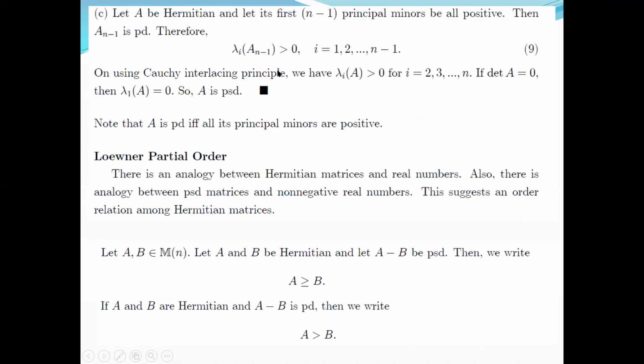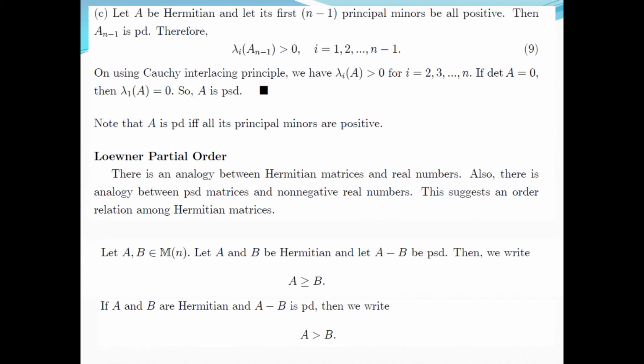Also, if the determinant of A is greater than or equal to 0, then one of the eigenvalues may be 0. So in this case, we say that A is positive semi-definite. Also note that if all principal minors are positive, then A is positive definite. But it is shorter to calculate only the leading principal minors.